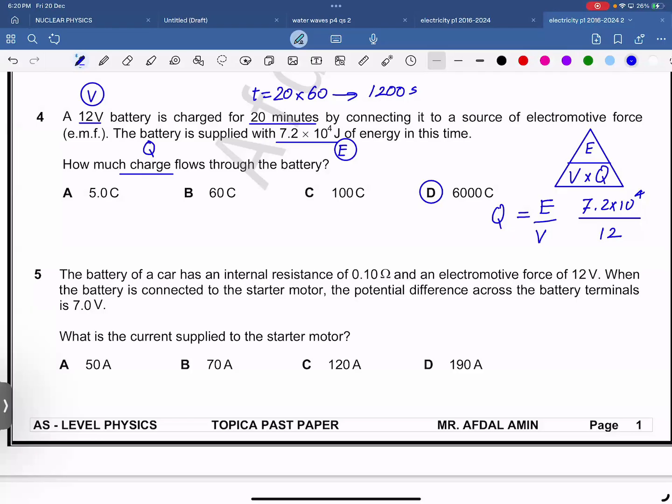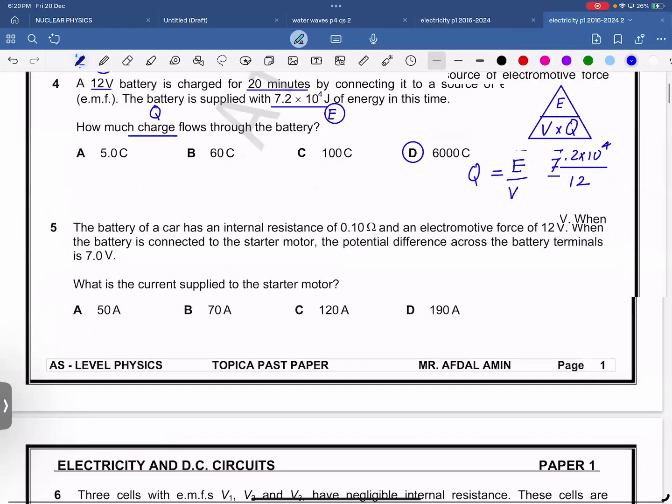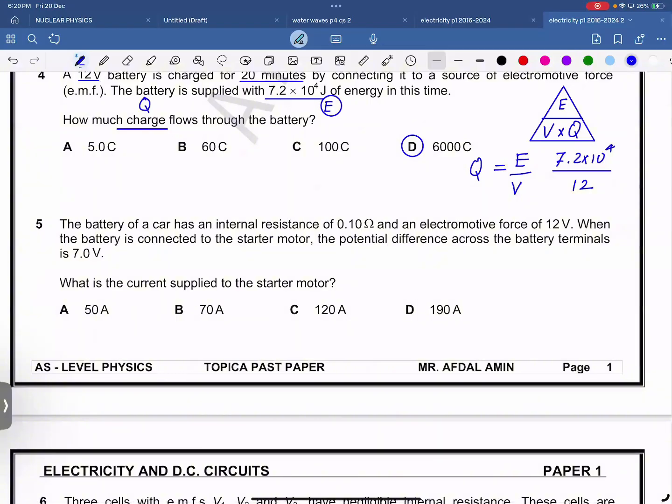Question number 5, my dear students. A battery of car has internal resistance is called lowercase r. And EMF, it's called uppercase E. The battery is connected to the starter motor. The potential difference of terminal is called V. VT you can say, or V you can say. What is current?